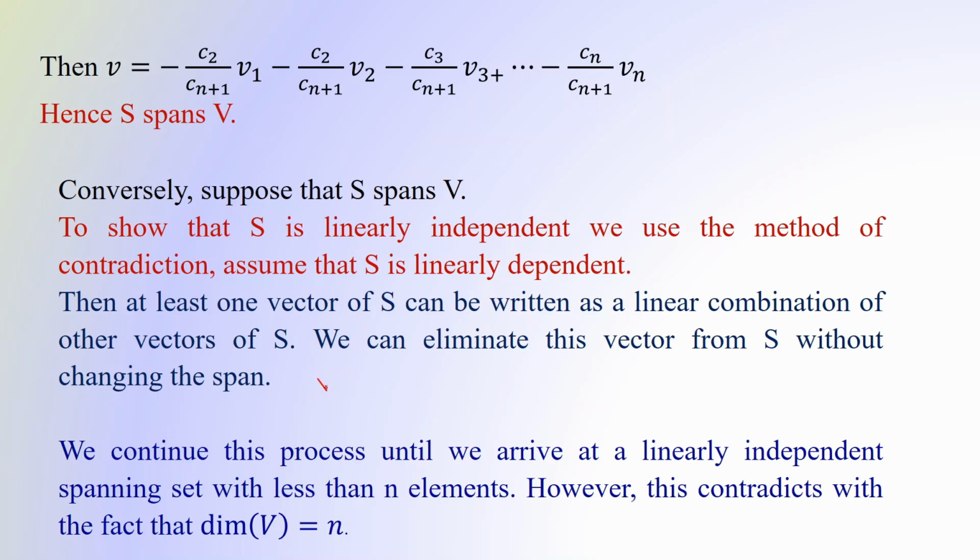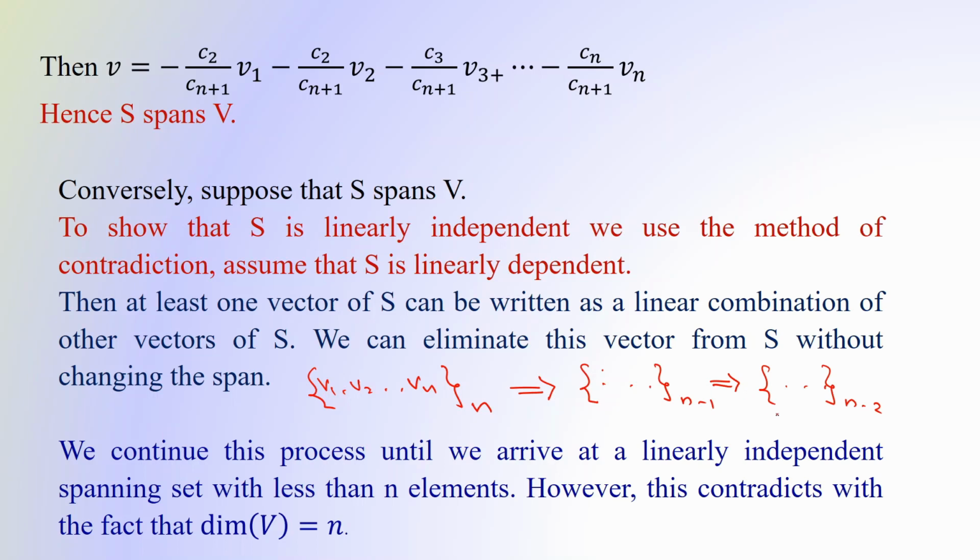We start with the set V1, V2, ..., Vn containing n elements and remove one element, because one element can be written in terms of the other elements. Then it contains only n minus 1. If this is also not linearly independent, we can remove one more element to get another set containing n minus 2, until we get a linearly independent set.